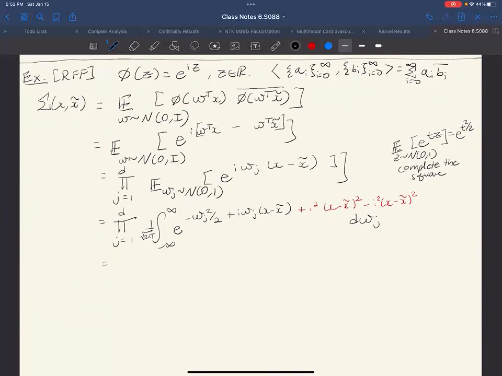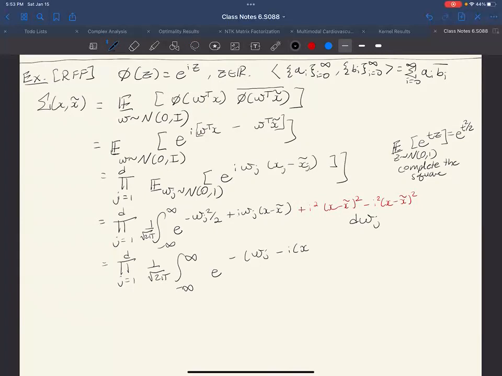Well, then this just becomes 1 over root 2 pi, negative infinity to infinity, e to the power negative 1/2, since i squared is going to be negative 1. So I should end up getting negative w_j minus i times x_j minus x_j tilde, squared, over 2.